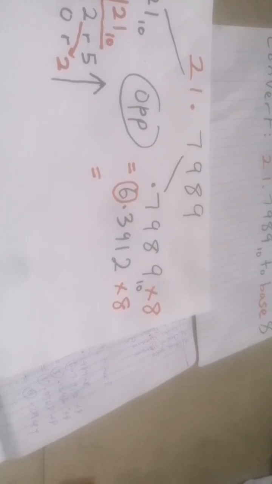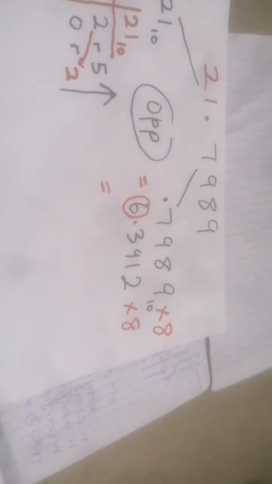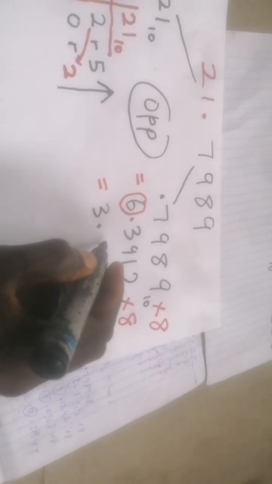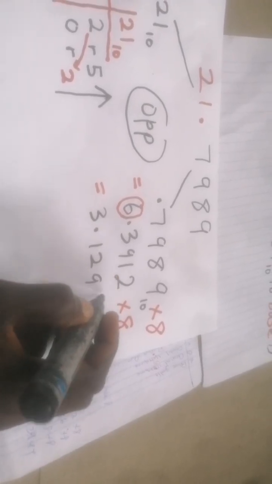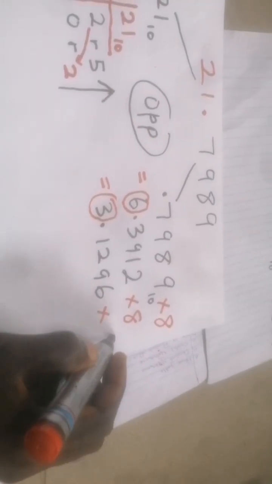Now, see what I got in the calculator. I got 3.1296. So let me write it here: 3.1296. So what do you do again? Remember, circle what? Circle this. Very good.